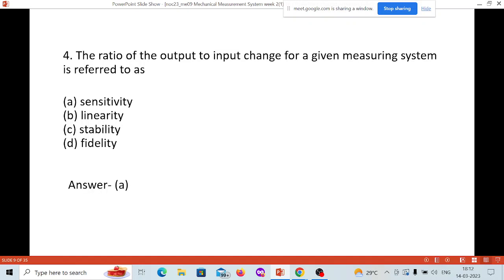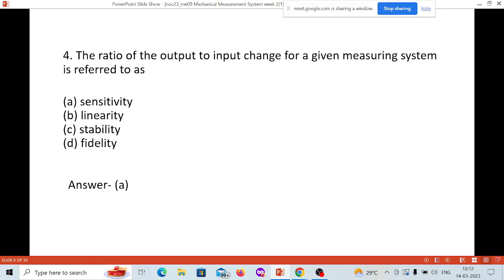So how sensitive a system is, is defined by the amount of change in the output caused by the input, that is defined as sensitivity. So if your output is large for a small amount of input, the system is highly sensitive to that input. The input can be of anything.